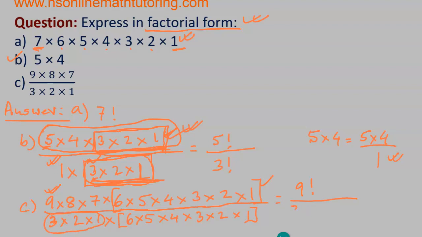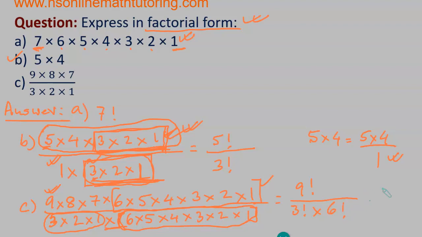So, we write 3 factorial, multiplied by, because there is the multiplication sign. And what is this part equal to? Over here, it is starting with 6 and ending with 1. So, it is 6 factorial.